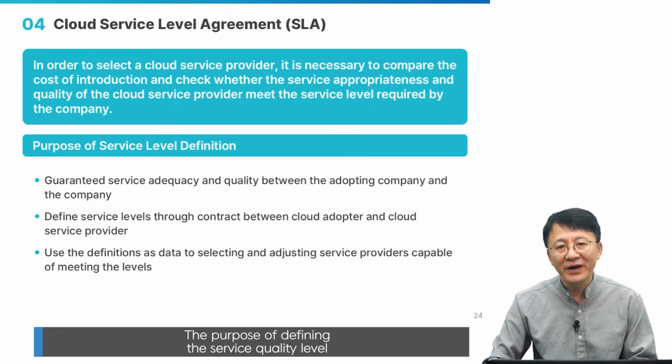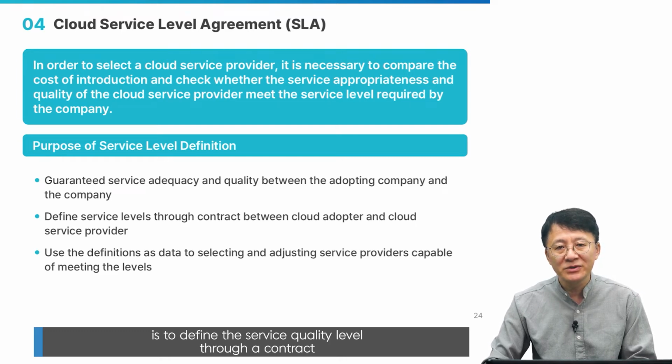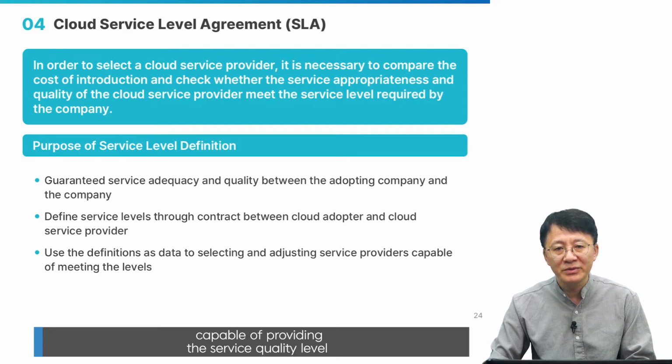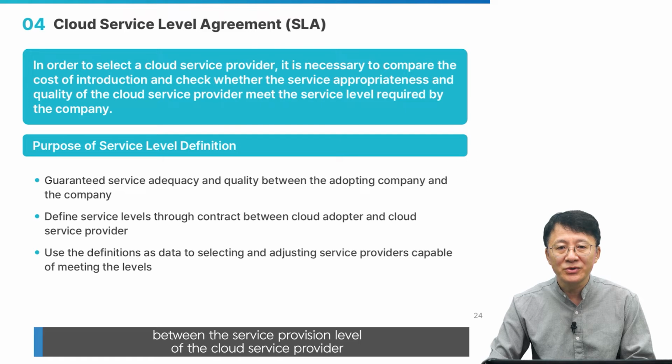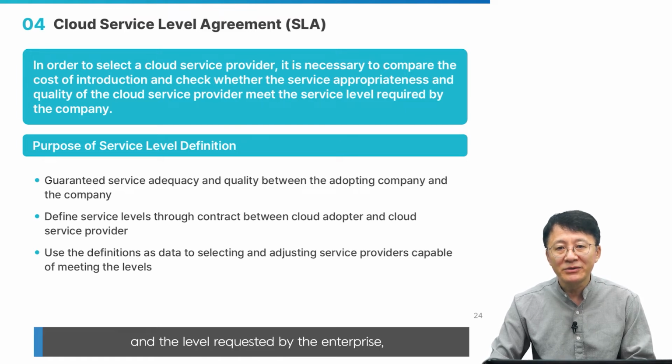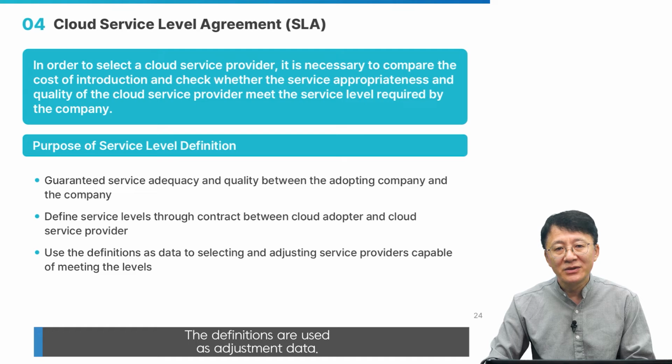The purpose of defining the service quality level is to define it through a contract between the cloud adopting company and the cloud service provider, and to use it to select a company capable of providing the service quality level desired by the adopting company. In addition, if there is a difference between the service provision level of the cloud service provider and the level requested by the enterprise, the definitions are used as adjustment data.